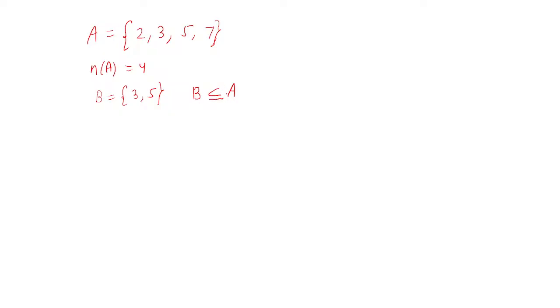This capital C kind of thing with the horizontal line means B is a subset of set A. And this would mean B is a proper subset of set A. Now, what do we mean by proper subset?